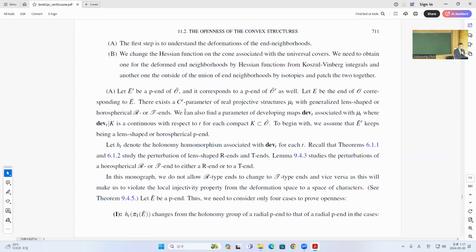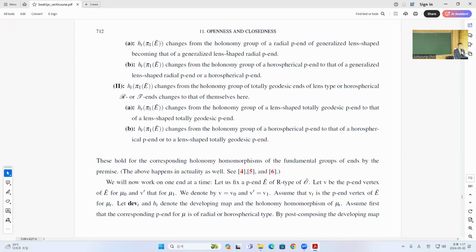So for A, we want to change the ends. So we have some generalized horospherical ends, and the mu is continuous with respect to t for every compact set, and so we have some holonomy homomorphism varying, and then we cannot change R type to T type, but actually you can change some radial end to radial end, and you could also have a radial end of generalized lens to generalized lens, and the horospherical to a lens type or the horospherical ones.